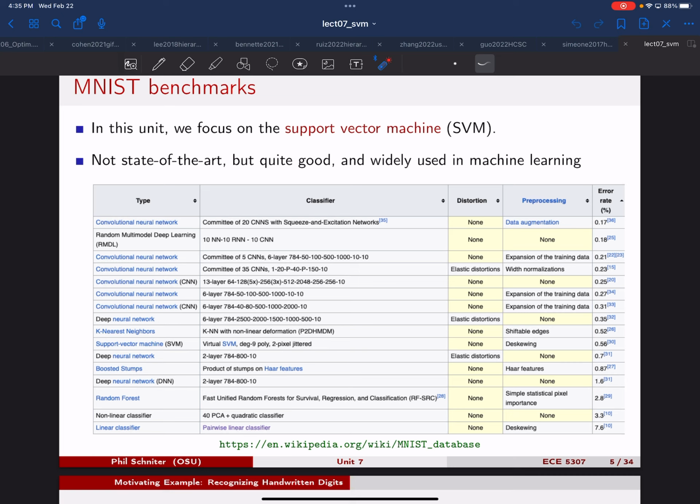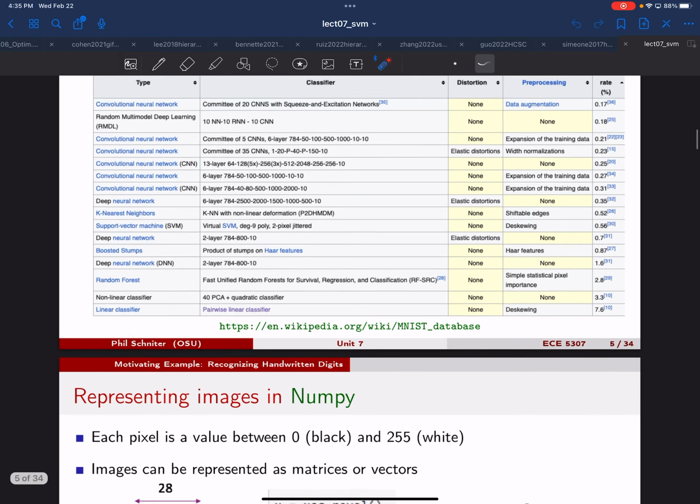Here you can see the best method among these, and I'm sure there are other ones out there, is a convolutional neural network that's getting a 0.17% error rate. So 17 errors in 10,000, which is pretty good. And when you go down to the support vector machine, you see that it's 0.56. So it's not state of the art, but it's pretty good, right? It's not bad. When you look at some of these other ones like the linear classifier, it's like 7.8%, so it's an order of magnitude worse. So anyway, that's kind of a motivation.